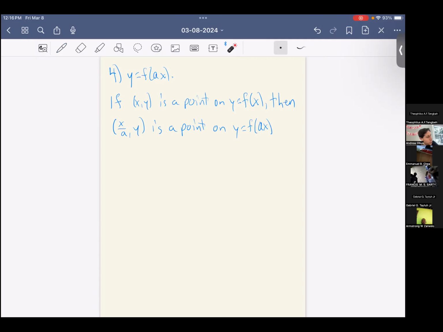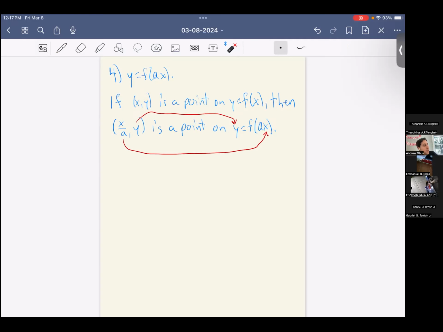Again, what we're doing here is we're plugging everything in. We're plugging in y for y, and we're plugging in x over a for x. And what we end up getting is y equals f of a times x over a, which is f of x. So we plug in x over a here, we get y equals f of x. So that's going to be the original graph. So what this tells us is that if x and y are a point on the original graph, then x over a and y are a point on the new graph.